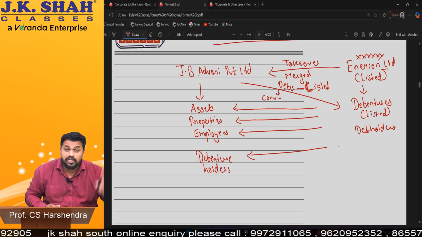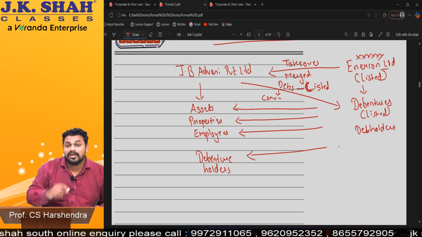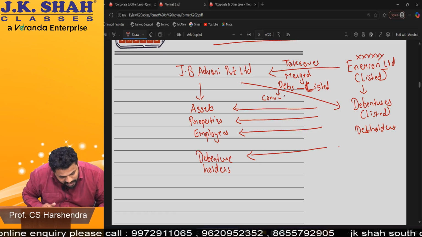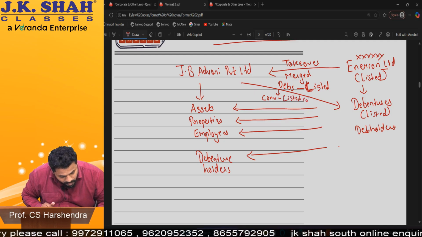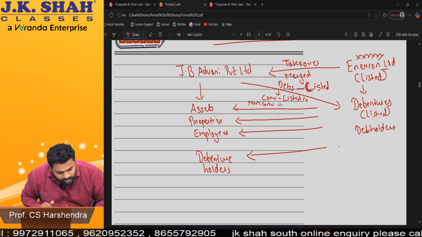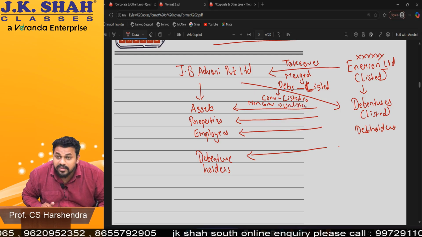So will JB Advani be called a listed company or unlisted company? Listed company, because its convertible debentures are listed. But if it is non-convertible debentures, then JB Advani will be listed or unlisted? Unlisted. Am I clear with this?